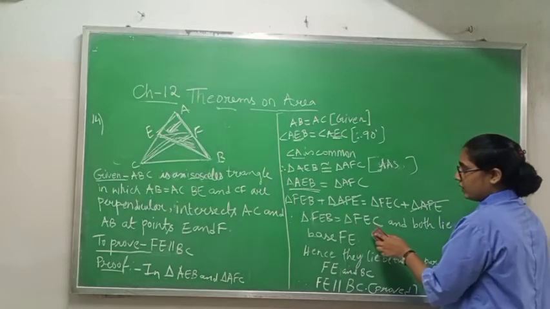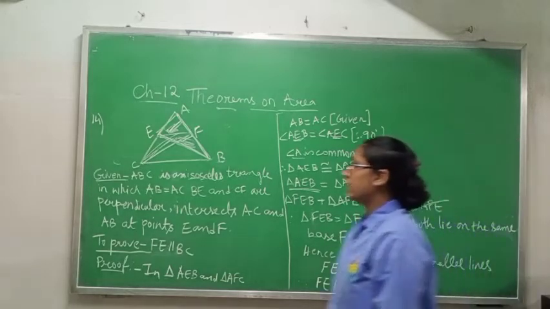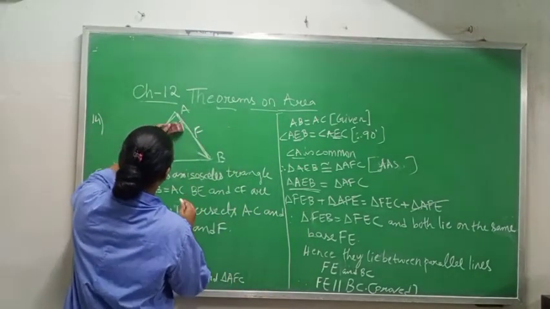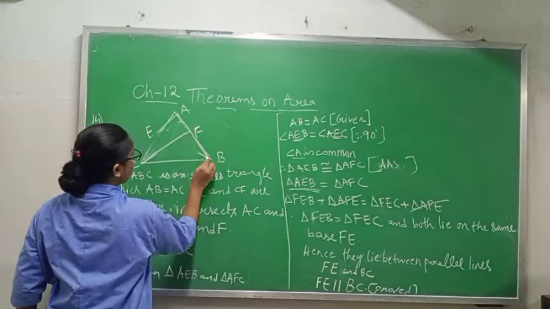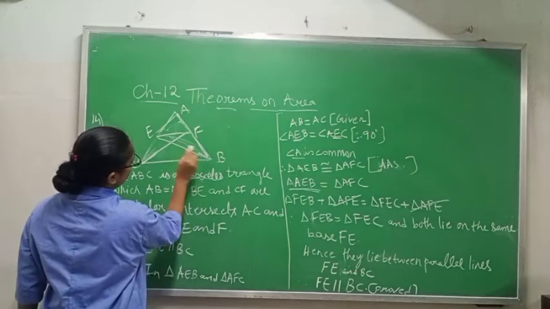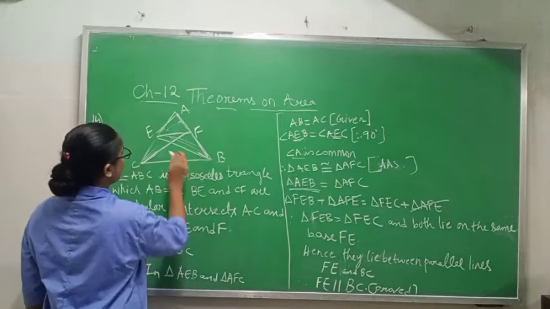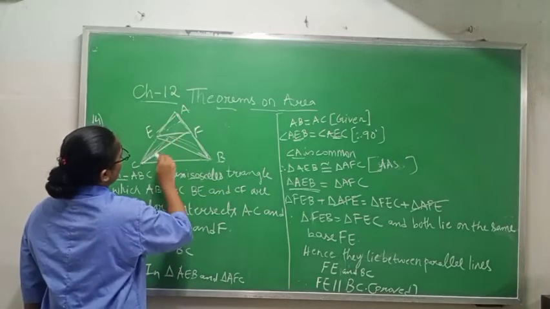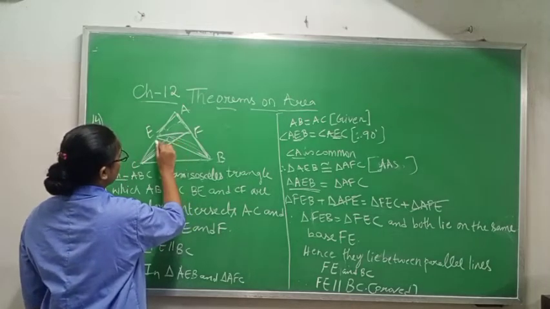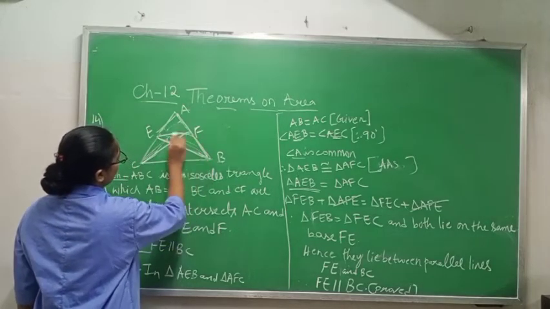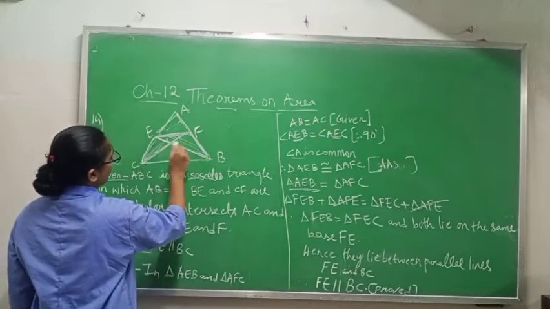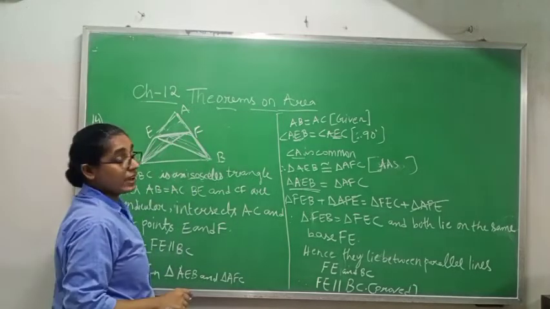FEB equals FEC. Now which two triangles are we getting? FEB, this triangle, and FEC, this triangle. These two triangles are on the same base, which is FE.